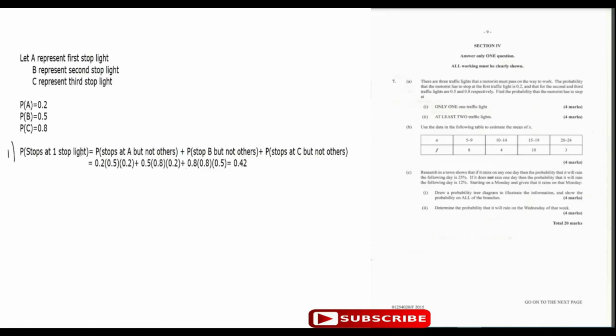Now what's the next part? It says find the probability he stops at two stoplights.